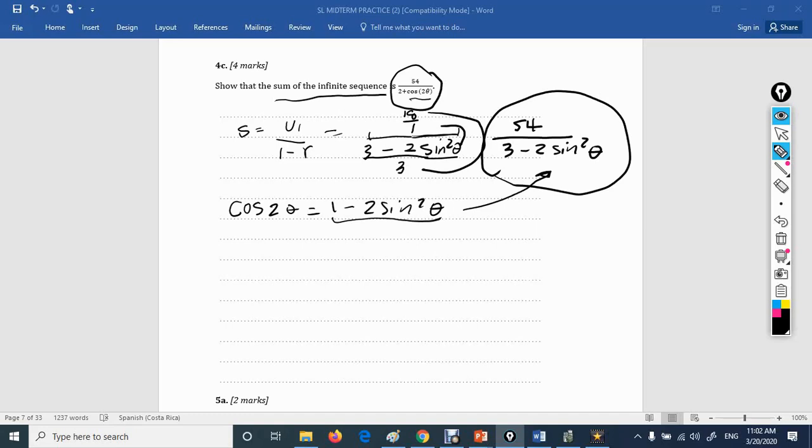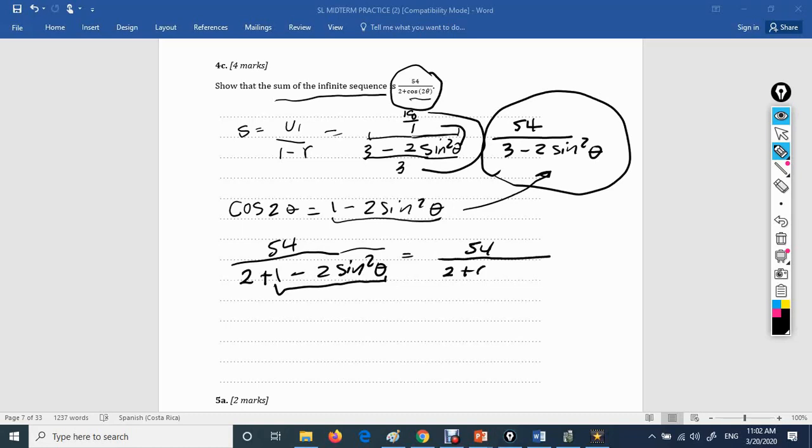So notice that we could rewrite that as 54 over 2 plus 1, which is 3, minus 2 sine squared of theta. And notice that we have the double angle identity for cosine. So this is the same as 54 over 2 plus cosine of 2 theta. And we're done.